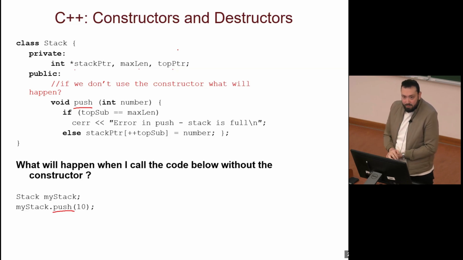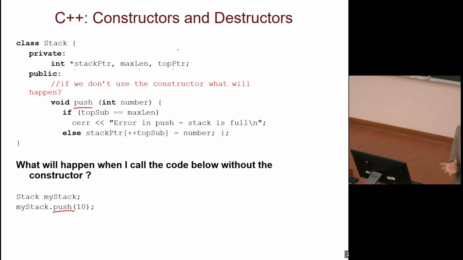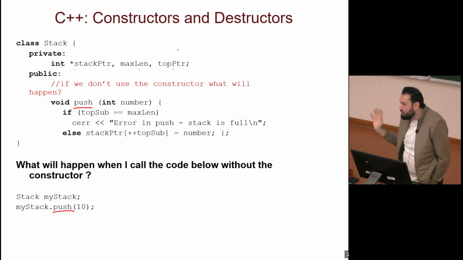So there is two options usually if you try them. Sometimes this is going to give you an error that these variables are not initialized, it's not going to work. Some other times, because technically, when you don't do the constructor, it will give them random addresses. It's going to give them random values sometimes.